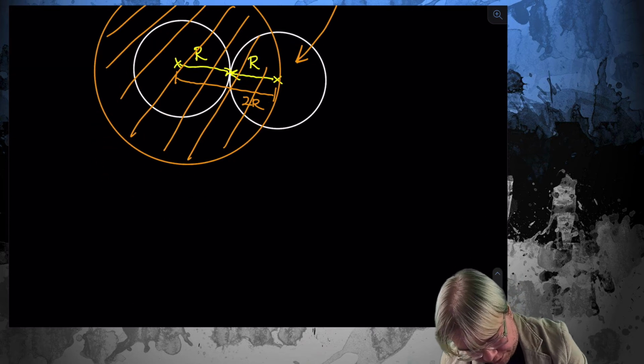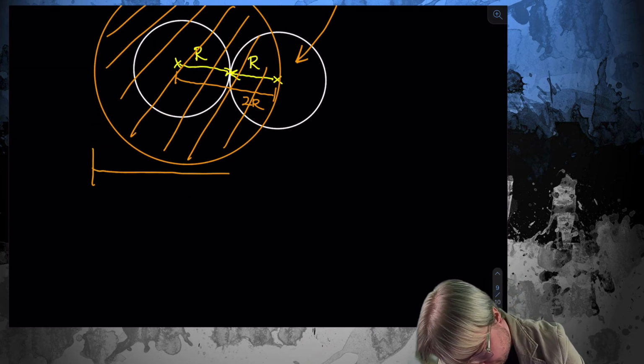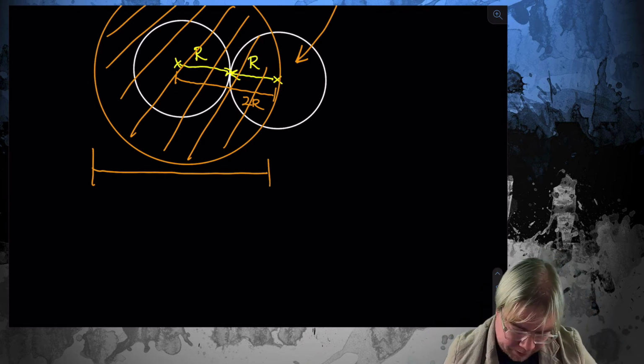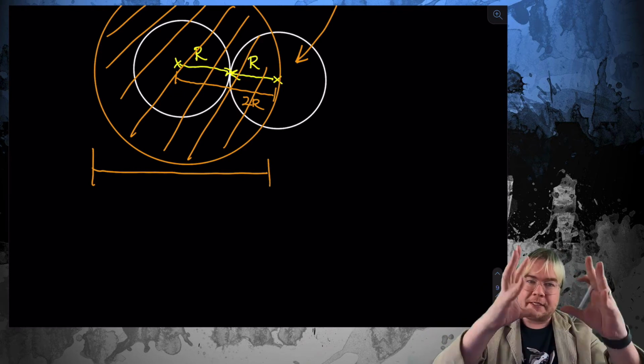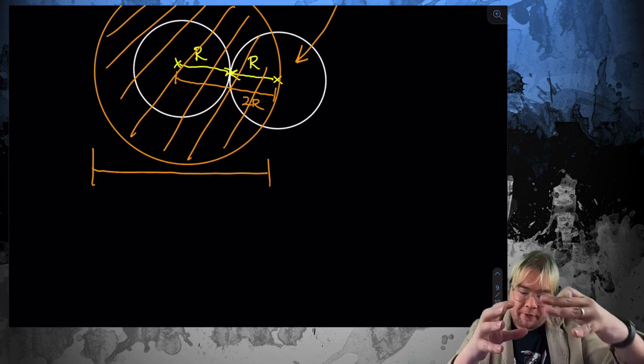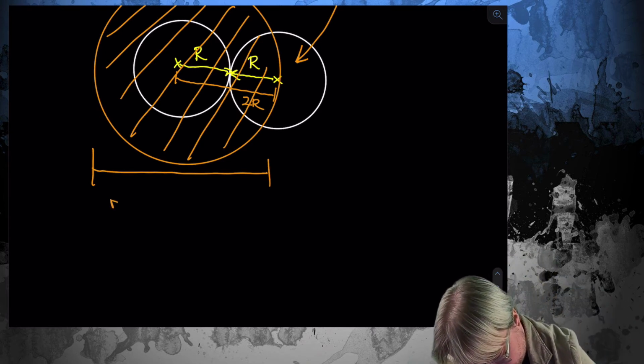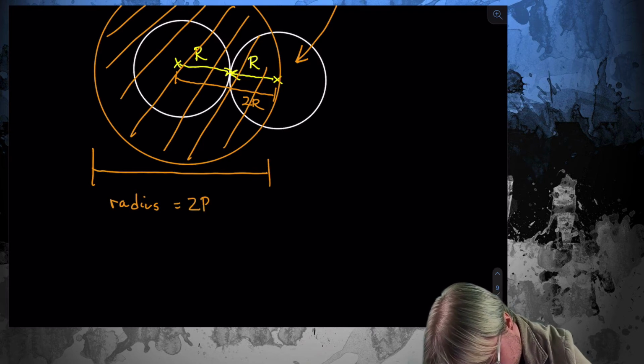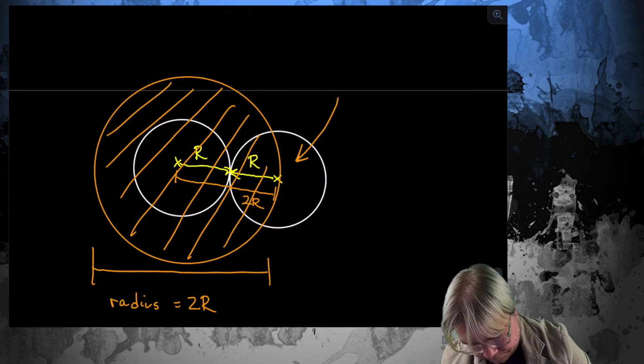And this space that I've just drawn is a sphere, right? Because I rotate the other one all the way around. It's a sphere with a radius that's equal to 2 times r.